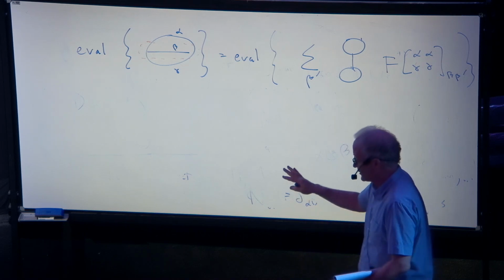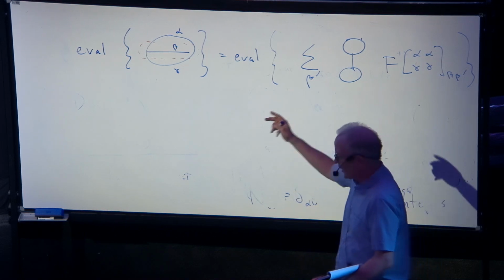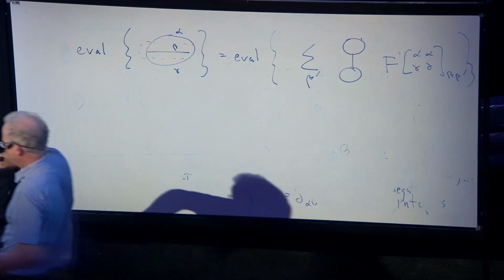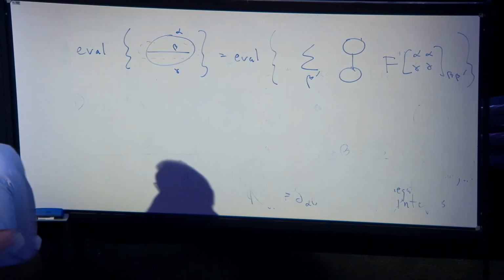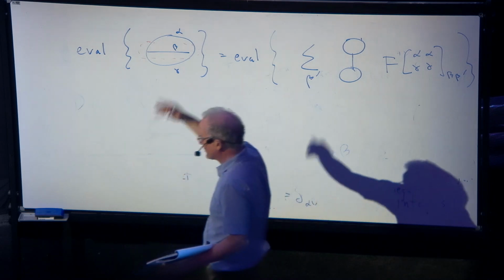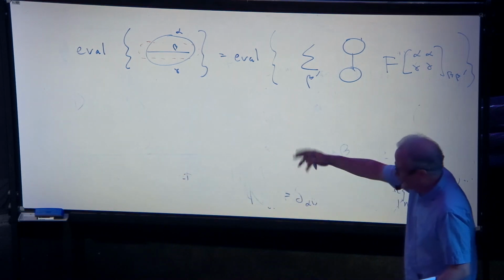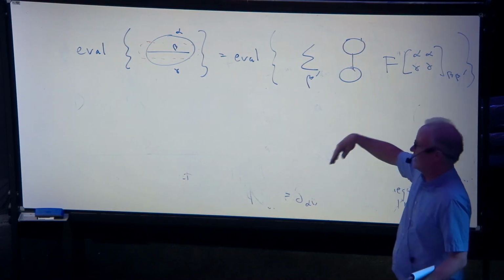But before I tell you a little more detail, this looks incredibly complicated. You can easily check, this is what Moore and Seiberg said, for this to be consistent, you have to satisfy all sorts of things.